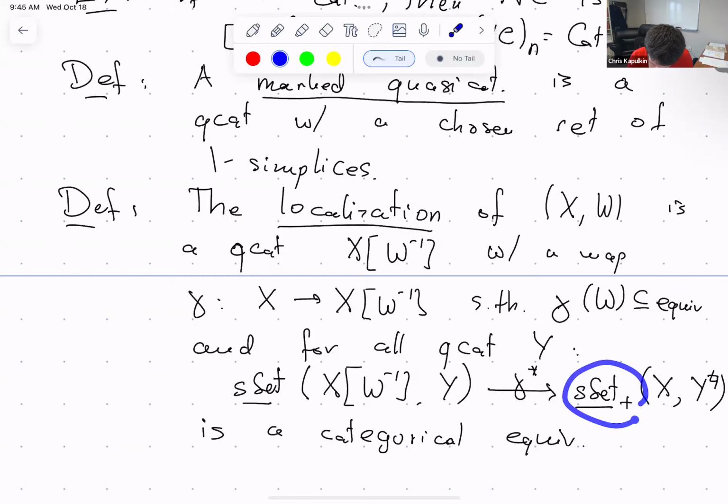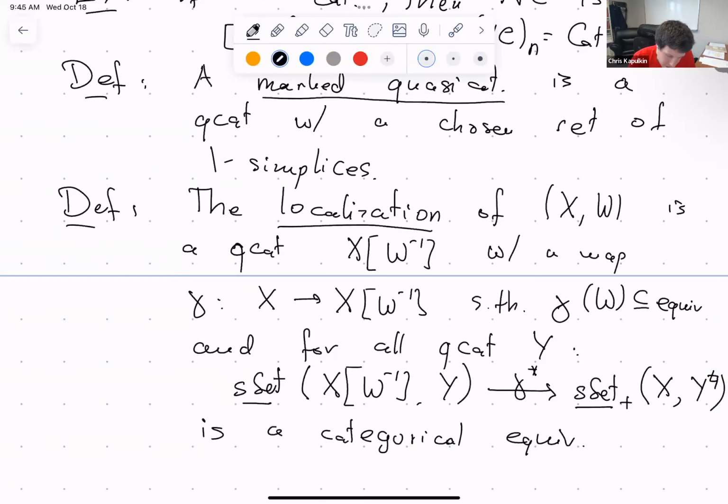When I talk about marked simplicial sets, what I mean is simplicial sets with those collections of markings that are selected. And here there is Y with its natural marking. Every quasi-category can be marked at the class of its equivalences. So when I tell you what equivalences are, you'll know what this is.